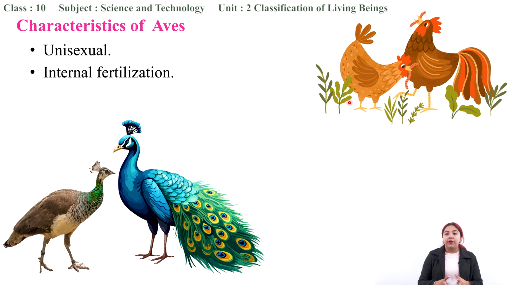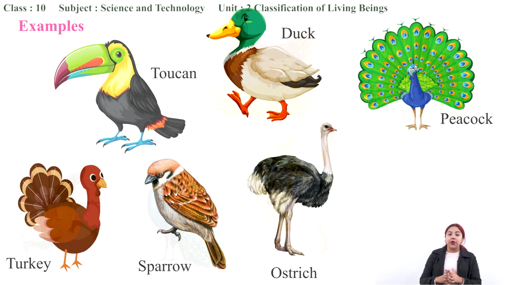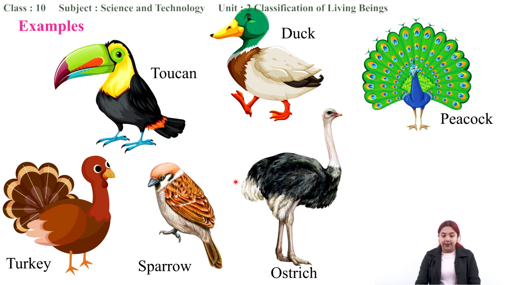Internal fertilization occurs, that means the sperm fertilizes the egg inside the female body, and they are oviparous, that is they lay eggs, and from that egg the young one hatches out, as you can see over here. So Aves are oviparous. A few examples of Aves are toucan, duck, peacock, turkey, sparrow, ostrich.